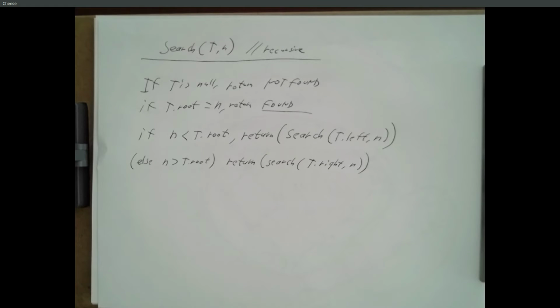Or I'm going to call search. And whatever search returns, I'm going to return that. So search we can do recursively like this. We can do it iteratively with a loop, where we're moving down and continuing to check. The behavior in the end is basically the same.